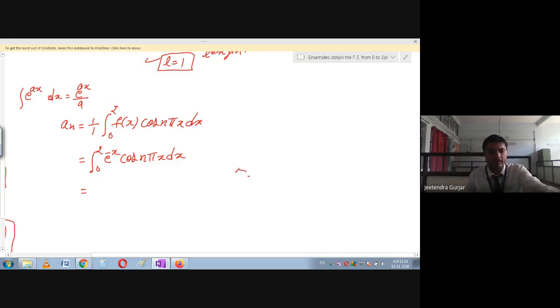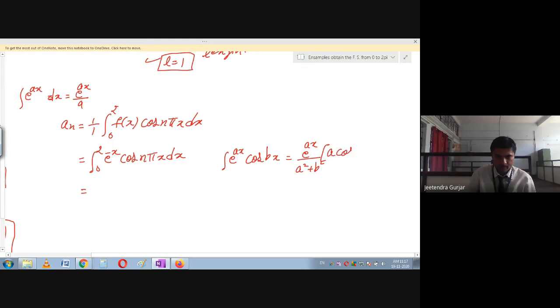Please remember this formula and practice, students: integration of e raised to ax cos bx is equal to e raised to ax upon a square plus b square, times a cos bx plus b sin bx.